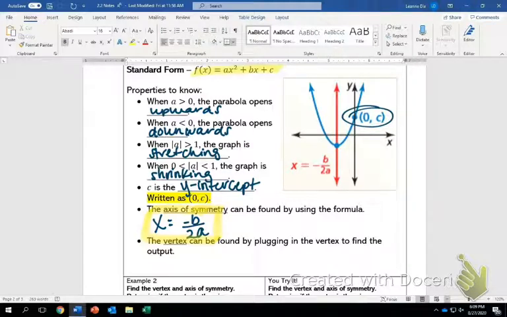So if I want to find my vertex, I'm going to take my axis of symmetry and plug it in. And so how we show that in math is we say the vertex is going to equal negative b over 2a, that's the axis of symmetry, or your x value, comma, and then you're going to plug it into the function. So I'm going to say f of negative b over 2a. Let me add that negative, not with a highlighter.